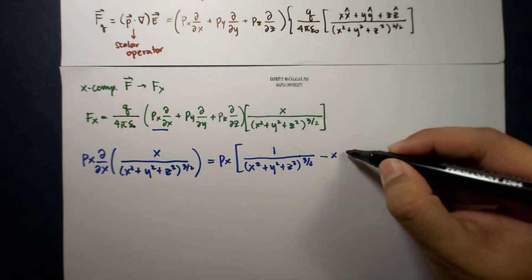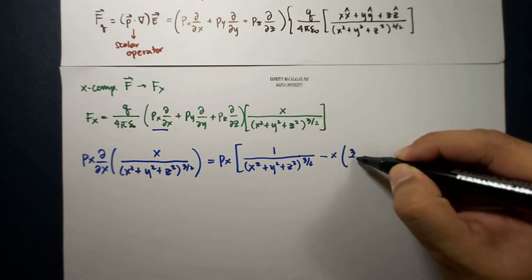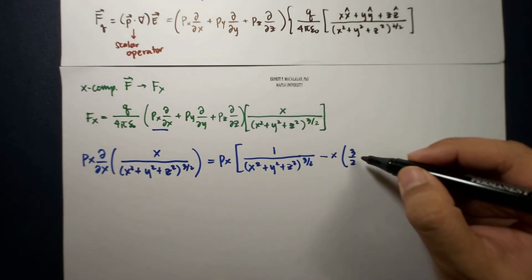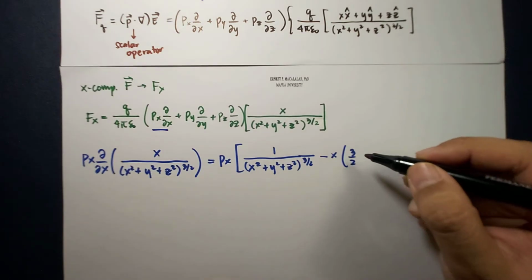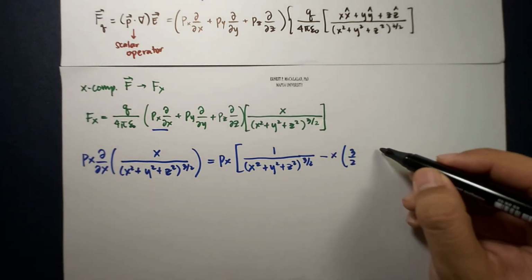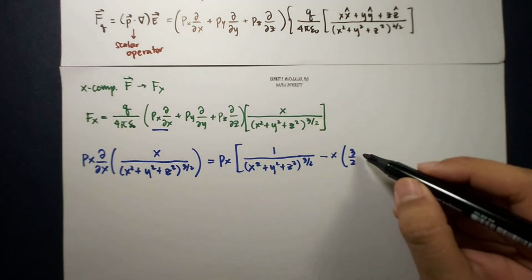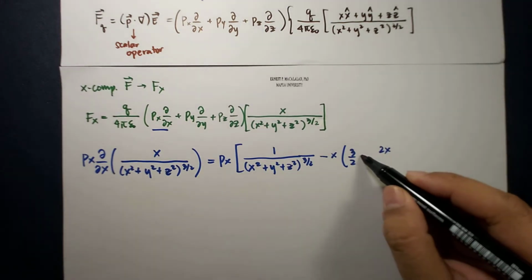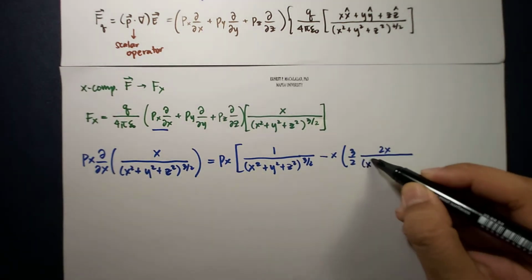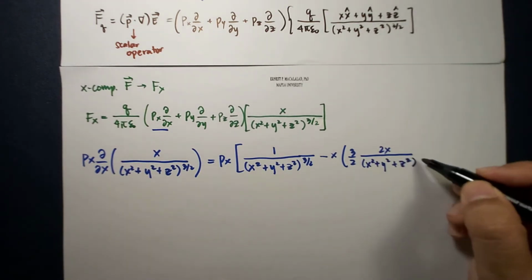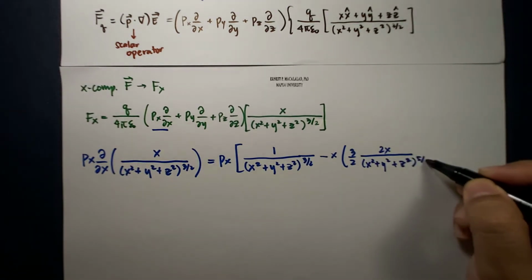So this is 3/2 times 2x over x squared plus y squared plus z squared to the 5/2.